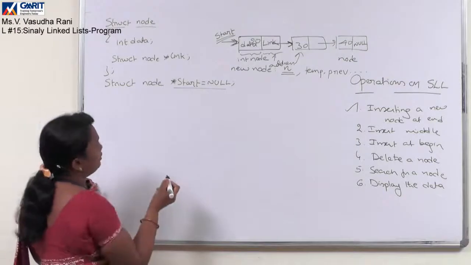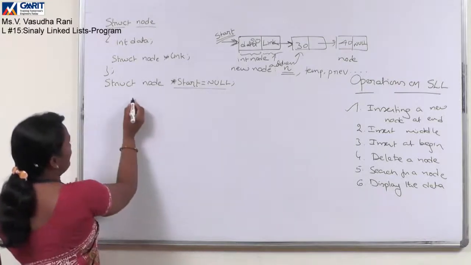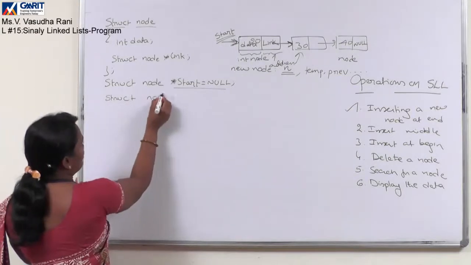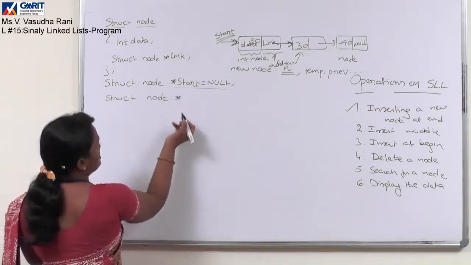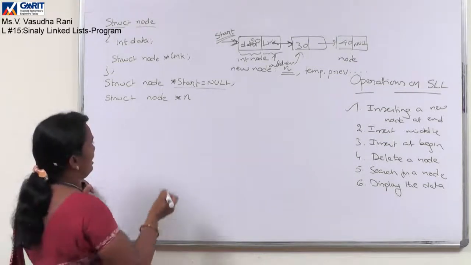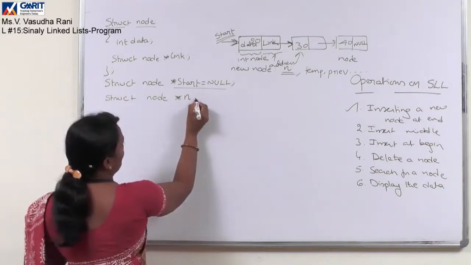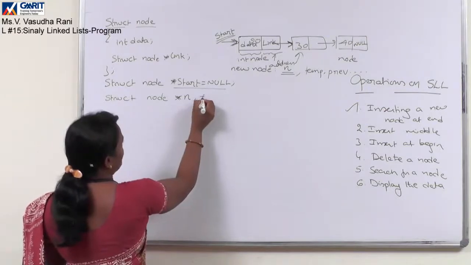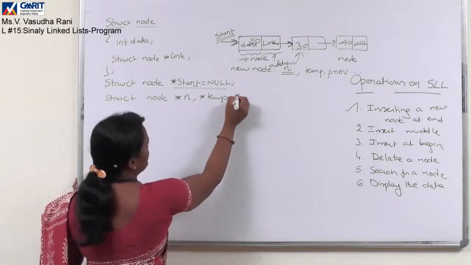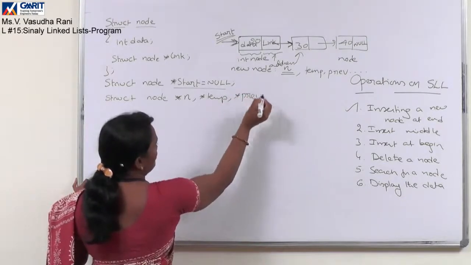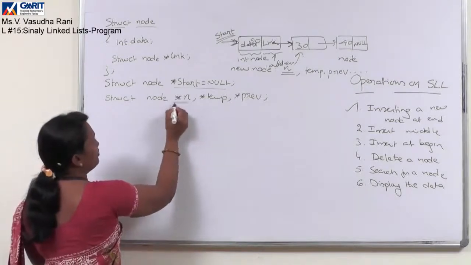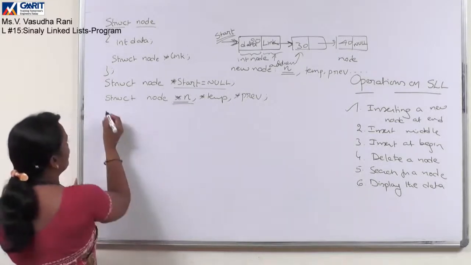Now what we do is that let us define a new node, struct node star, that new node can be declared as n, and let us declare a temporary node also, and let us declare another pointer, previous pointer. Now we have to allocate memory for this new node.